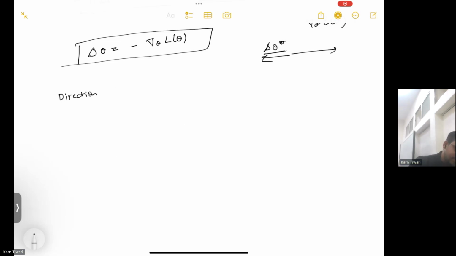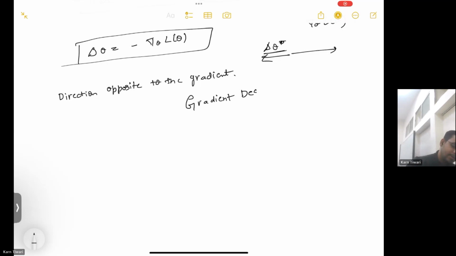I hope this point is clear. That's why it's called gradient descent. I hope this point is clear.